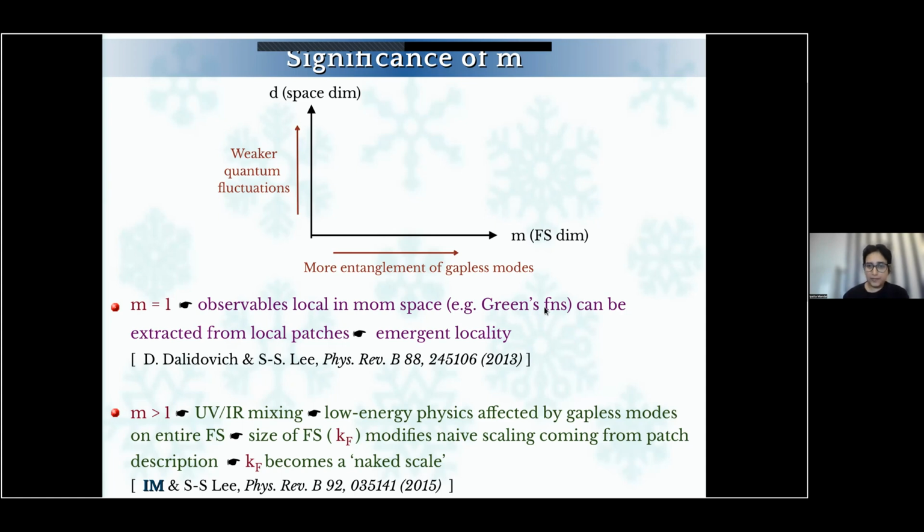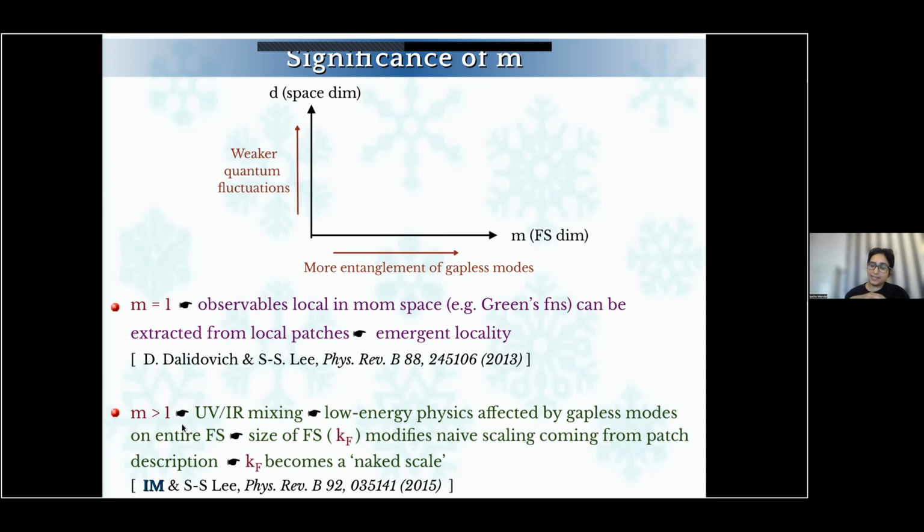Therefore, physical properties like the Green's functions can be extracted from local patches. And there is an emergent locality in momentum space for these m equal to 1 systems. However, if m is greater than 1, there is an emergence of the mixing of ultraviolet and infrared physics. And why do we say that? Because I told you that I want to write down the low energy effective field theory action, but now we see that this low energy physics is being affected by gapless modes, which are extending over the entire Fermi surface.